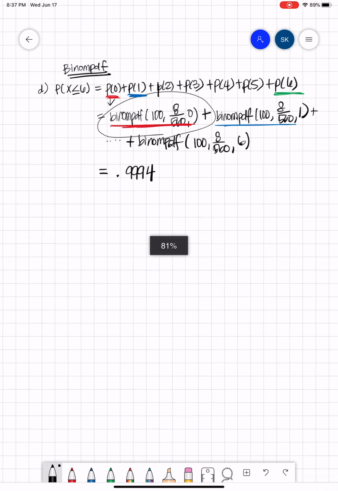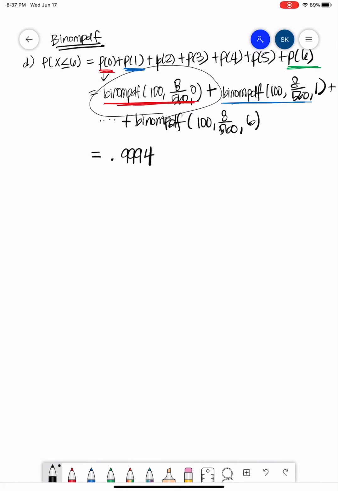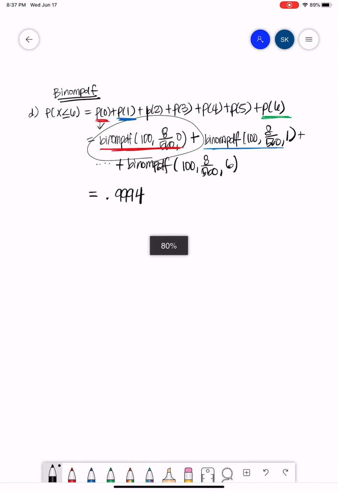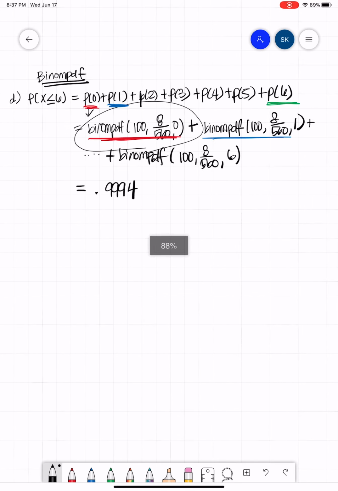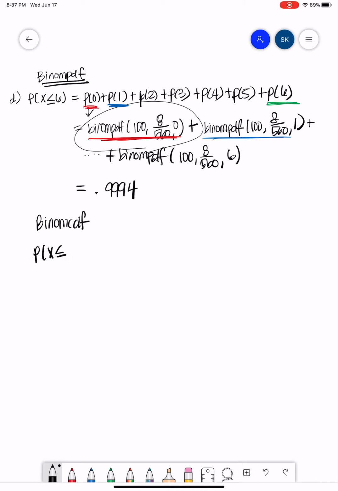I'm going to use the same example, still dealing with P of X less than or equal to 6, using binom CDF. Sorry, my screen keeps going back and forth. We should get the same answer because we are dealing with the same example. But CDF is a lot better option than PDF.